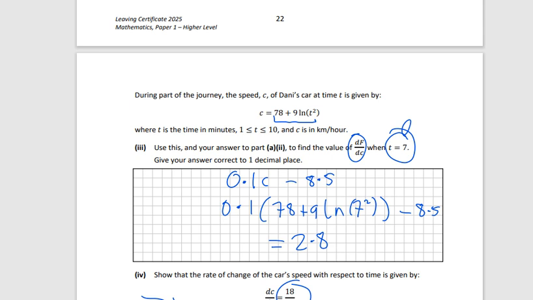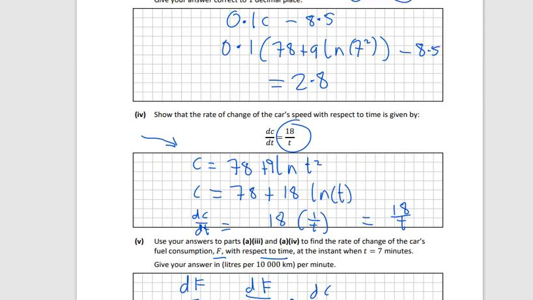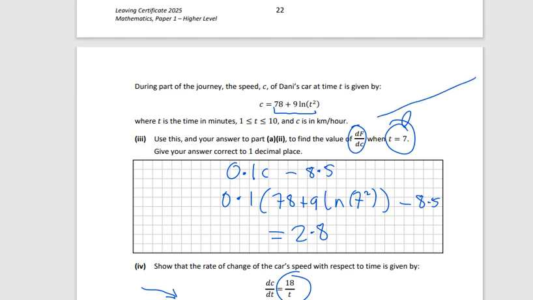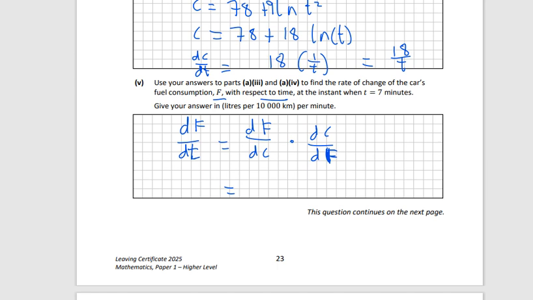That was the 2.8. So remember, we found it here: df/dc is 2.8. And we're just going to multiply that by dc/dt, which we found in the one just above, when t is 7. So that's 18 over 7, and we just multiply them together, and that's 7.2.